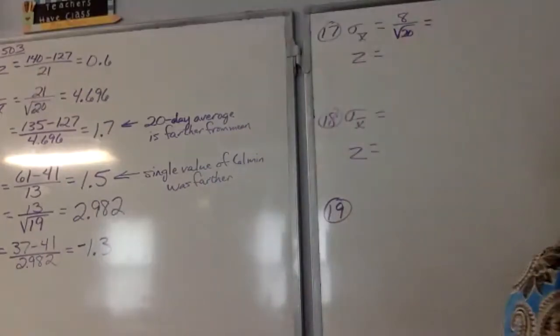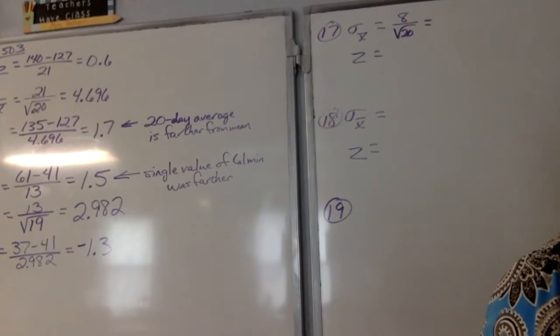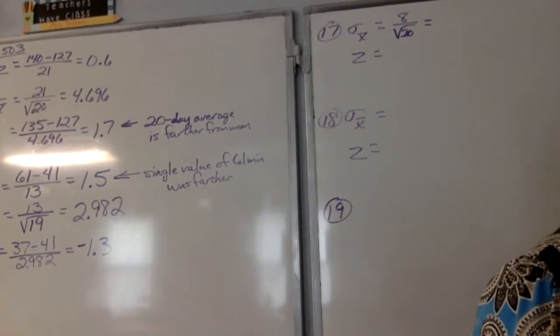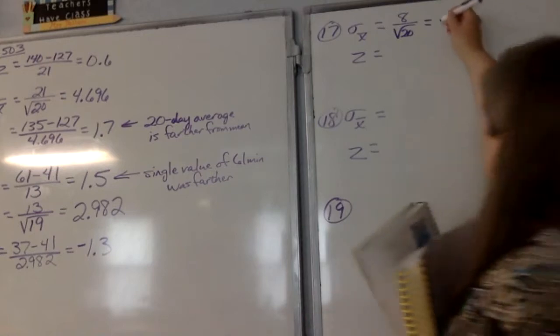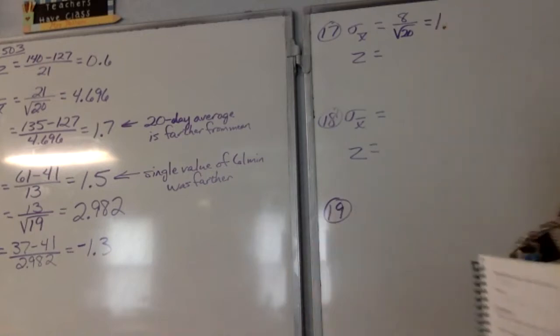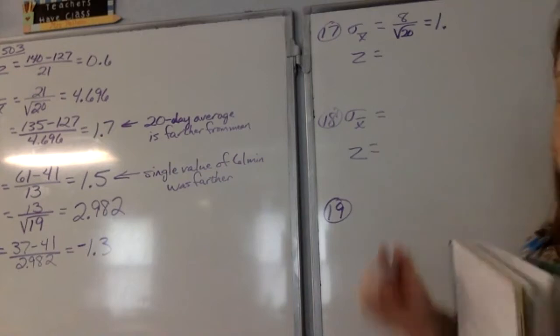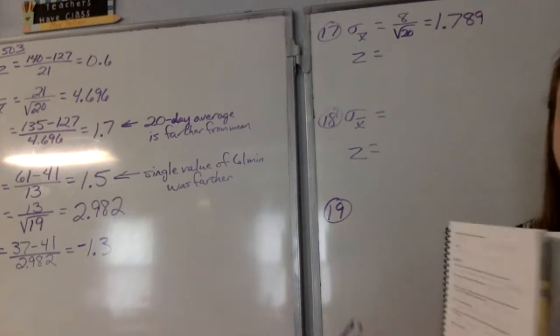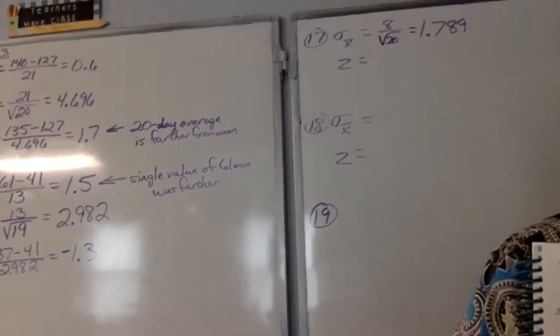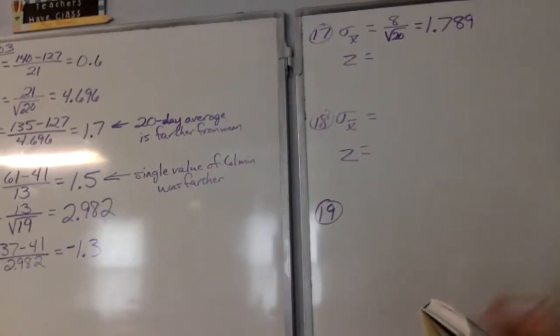So we have 8 divided by square root of 20. If you round it correctly, you should have 1.789. All right.